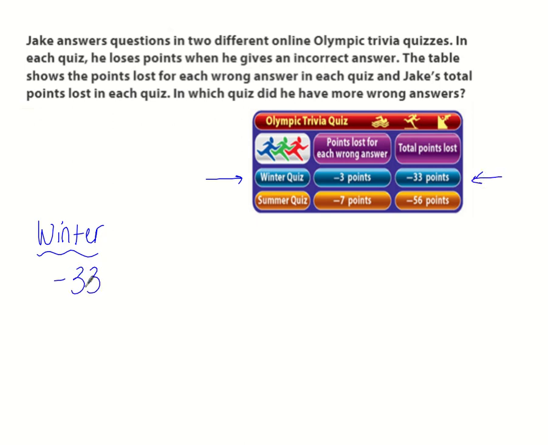And we're trying to find out, based on the total points lost and the points per question, how many questions he answered incorrectly. So this one's going to be negative 33 divided by that negative 3 right there. Again, I'm just going to get you guys in the routine of seeing these written as ratios as well. A negative divided by a negative is a positive.